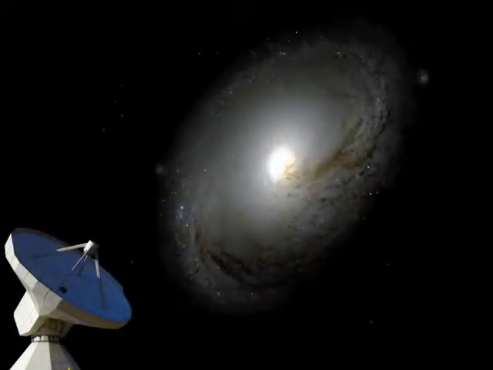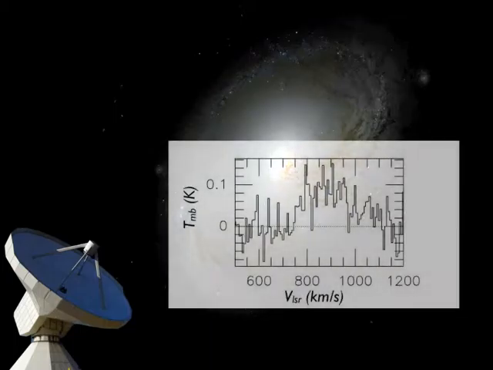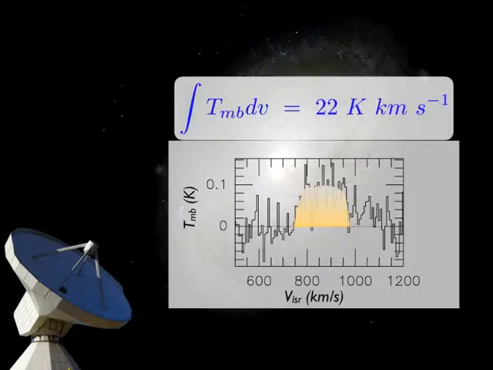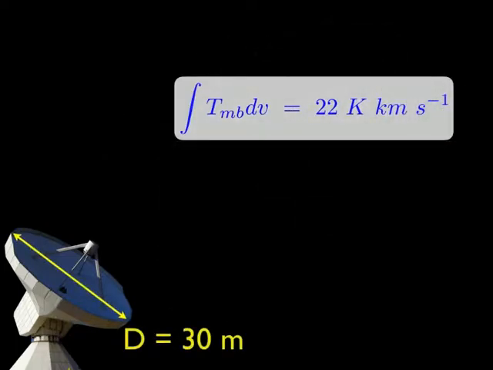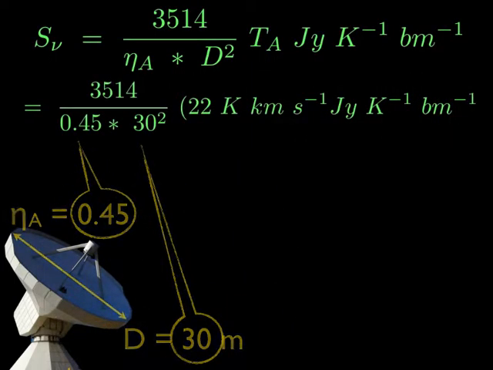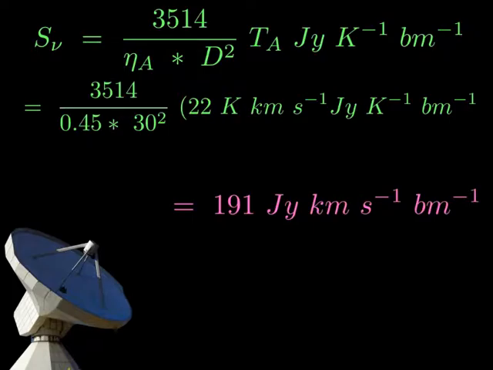Suppose we had an IRAM 30-meter telescope observation of a nearby galaxy and detected a 220 kilometer per second wide CO 2-to-1 line with an integrated intensity of 22 Kelvin kilometer per second. Now IRAM has an antenna diameter of 30 meters and, checking the IRAM website, an aperture efficiency of about 0.45 at 230 gigahertz. Plugging these values into the point source approximation, we find that the measured flux density is 191 Janskys kilometer per second per beam.